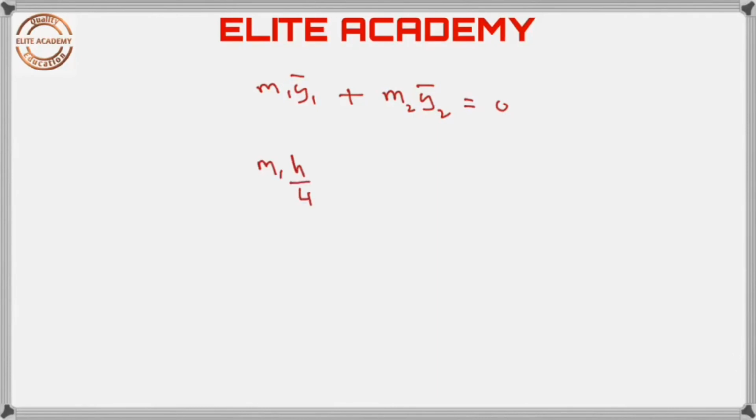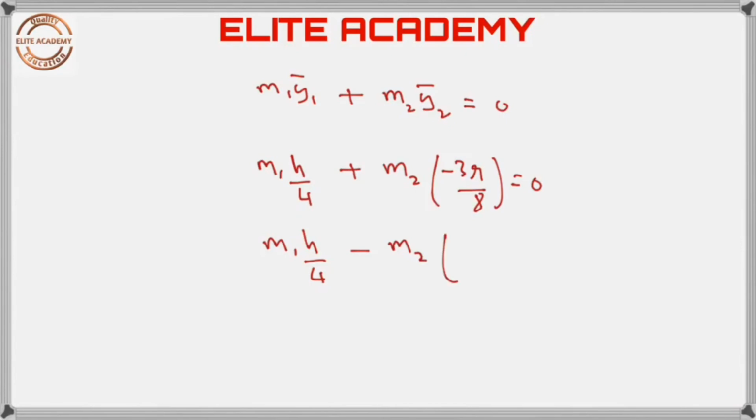Here m1 h by 4 plus m2 minus 3r by 8 is equal to 0. So m1 h by 4 minus m2 3r by 8 is equal to 0, or m1 h by 4 is equal to m2 3r by 8.